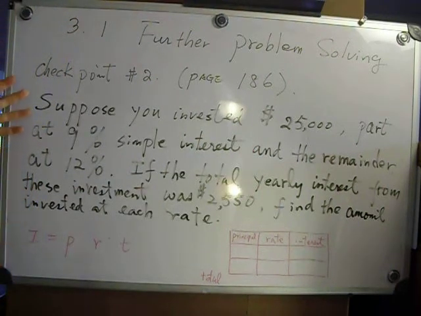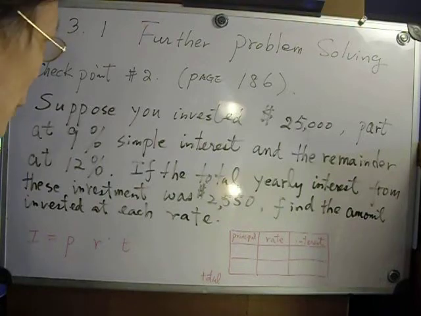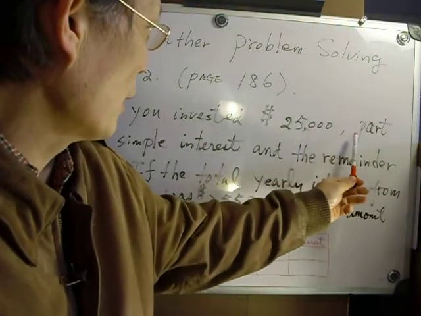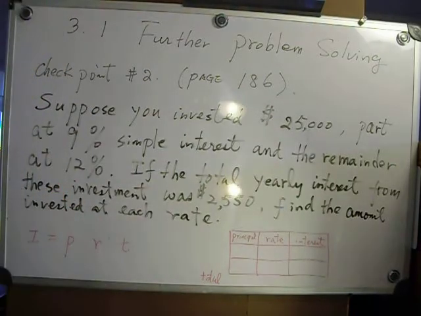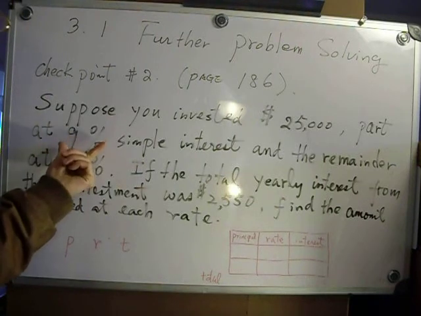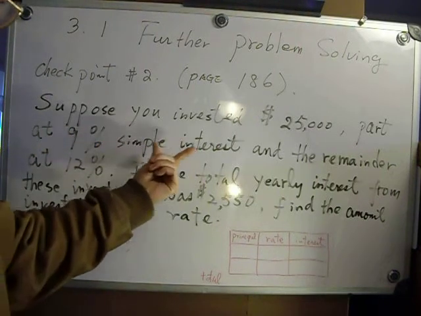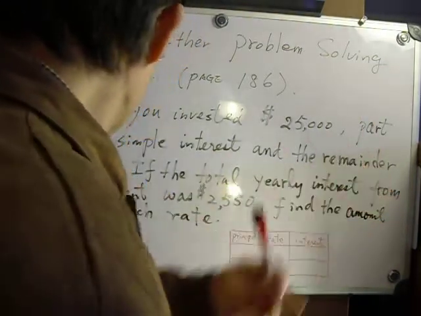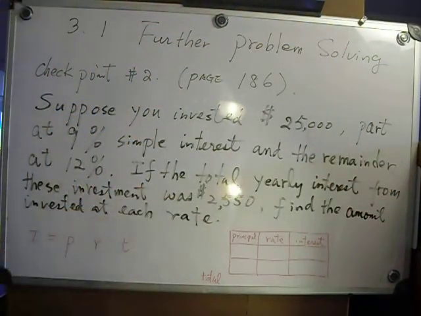These are just copied from the textbook. Let me read. Suppose you invested $25,000, part of the principal at 9%, so two accounts, 9% simple interest rate, okay? And the remainder at 12%.